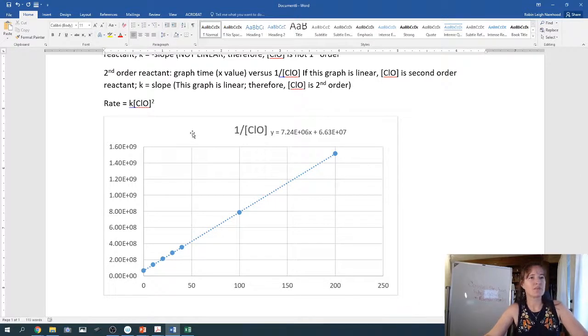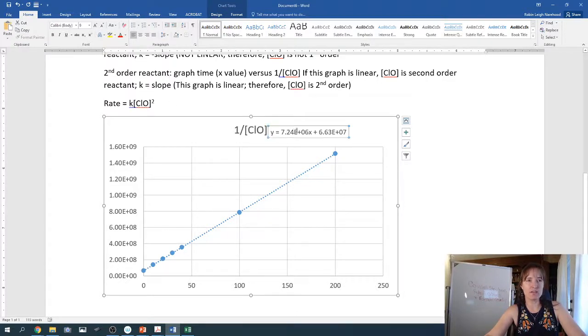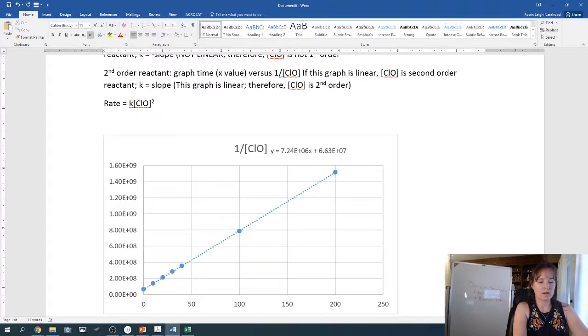Okay, here's our graph with our linear equation on it. And so our slope is our k, which is our rate constant. So right here is the slope. So k equals, not big K, I need little k.